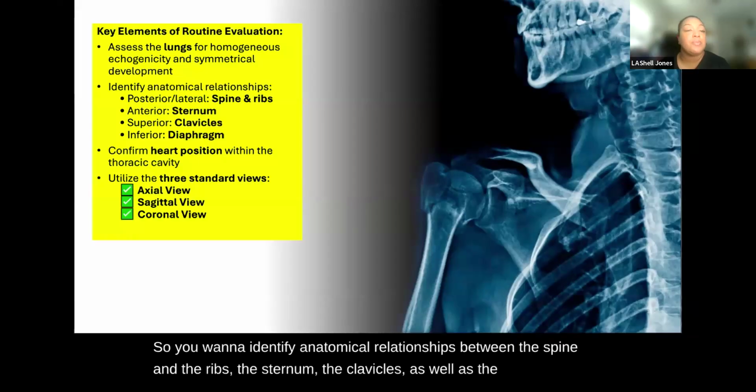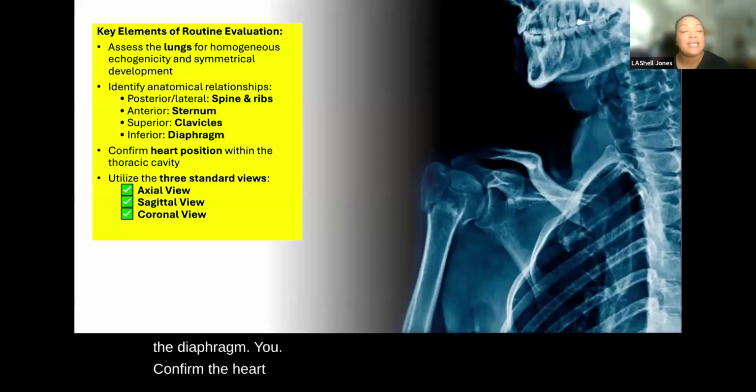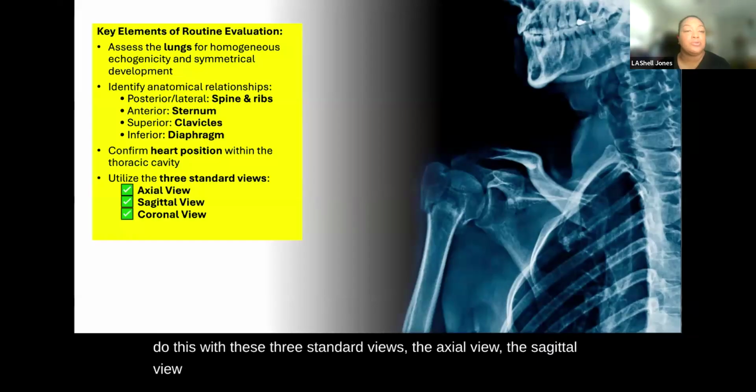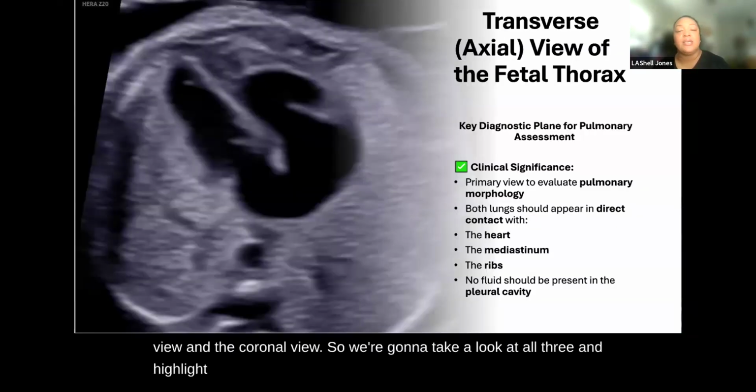You want to confirm the heart position within the thoracic cavity, and you want to do this with three standard views: the axial view, the sagittal view, and the coronal view. So we're going to take a look at all three and highlight some key advantages in each one.